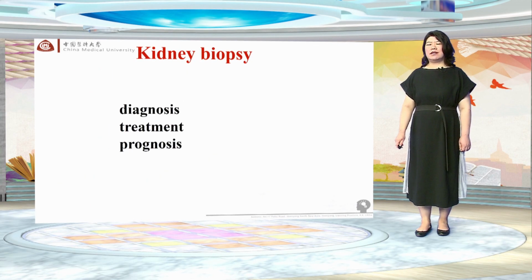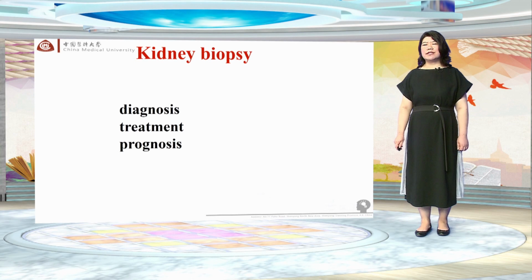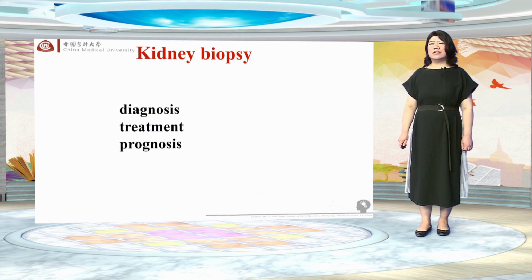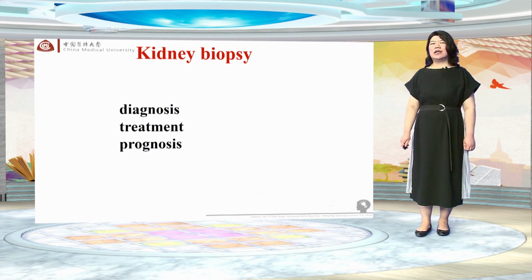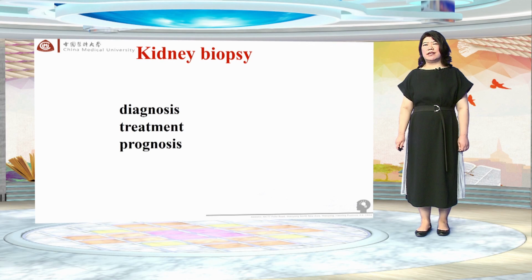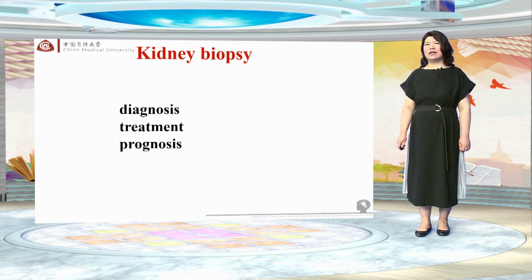Kidney biopsy is quite useful in the clinic because it can be used for the diagnosis, treatment, and prognosis of lupus patients. We know that for different classes of biopsy, we need to choose different drugs for therapy.